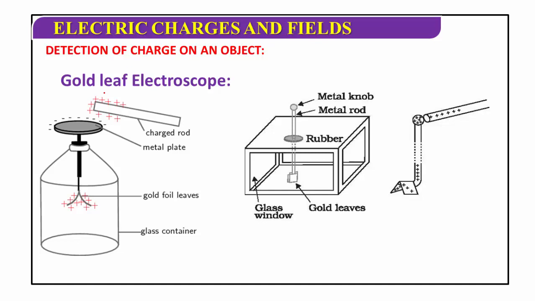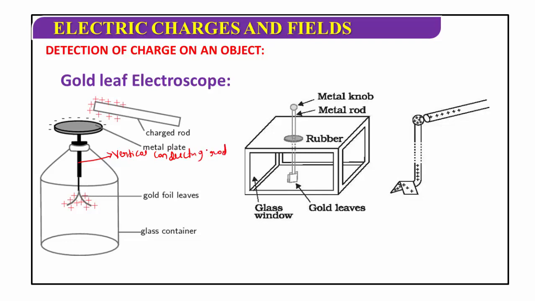Here it consists of a vertical conducting rod passing through this rubber stopper, fitted in the mouth of a glass vessel. This is the vertical conducting rod.